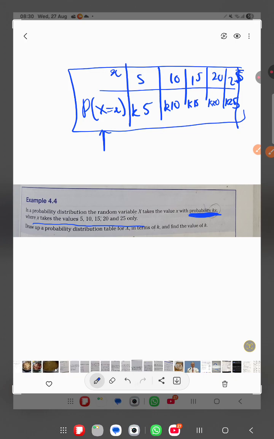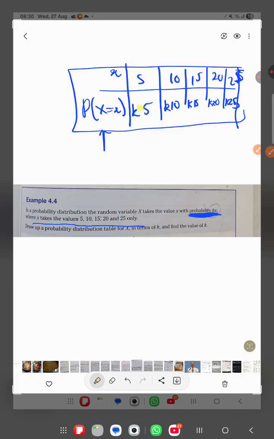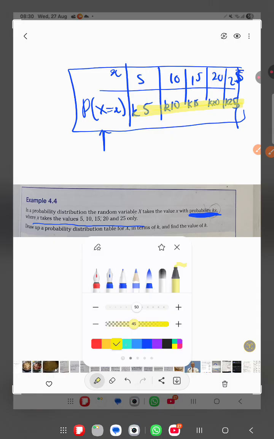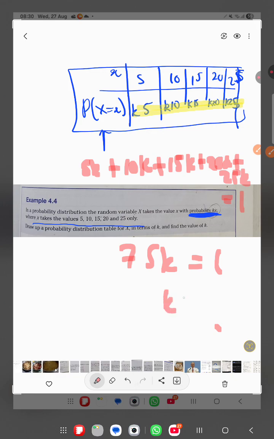Now you know, of course, that all of these at the bottom should add up to 1, right? So you're going to say 5k plus 10k plus 15k plus 20k plus 25k should all add up to 1. That makes 75k equal to 1. K is equal to 1 over 75.